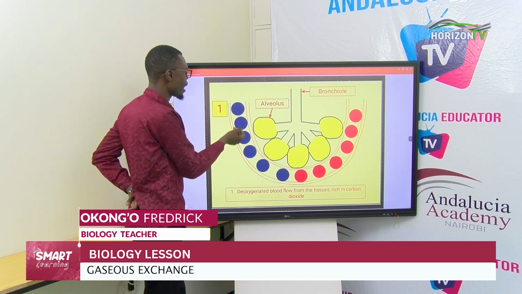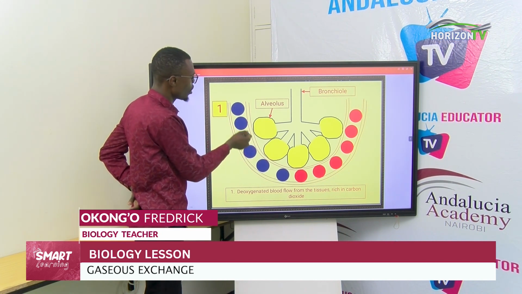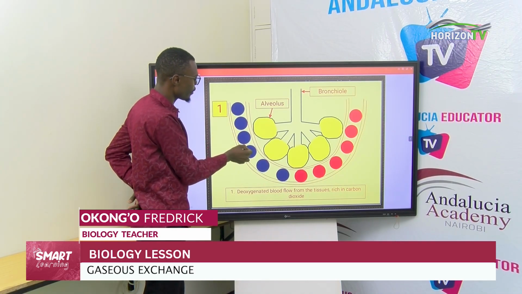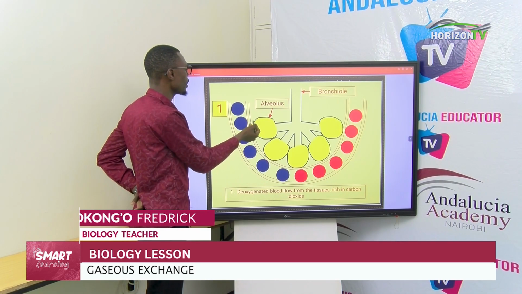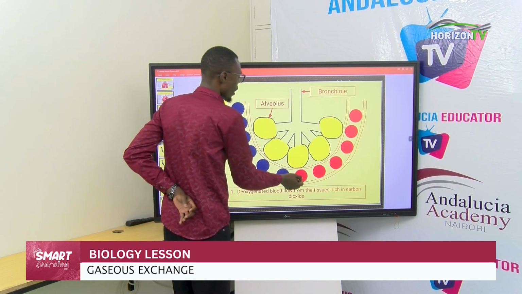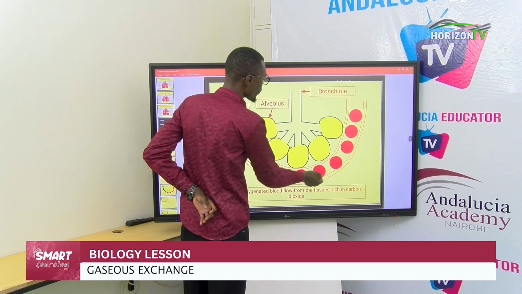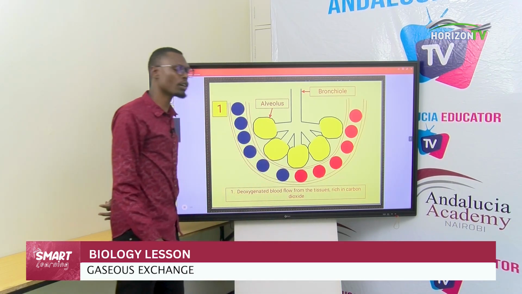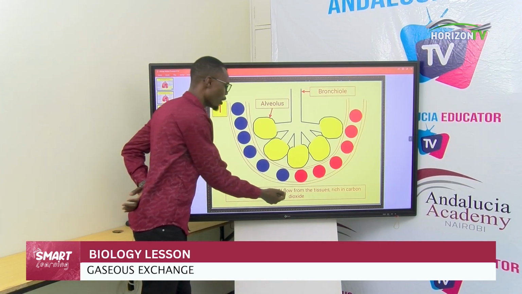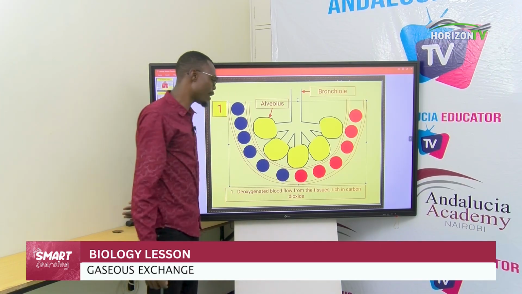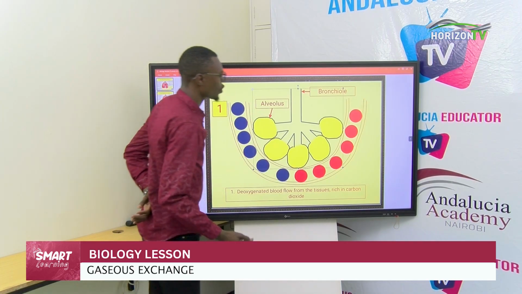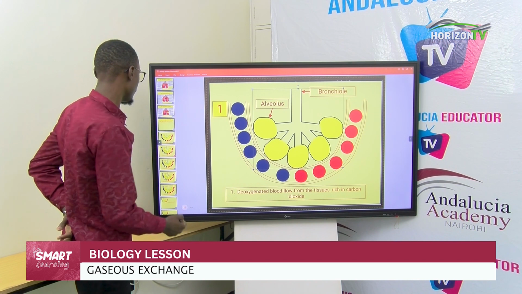So once it arrives in the blood vessels flowing through the lungs, the oxygen will diffuse into that blood. On the other hand, the blood that comes from the body has a high concentration of carbon dioxide, which diffuses into the alveoli. Then oxygen will be transported to all the body parts as indicated.